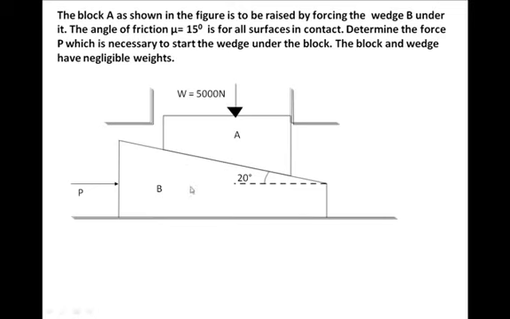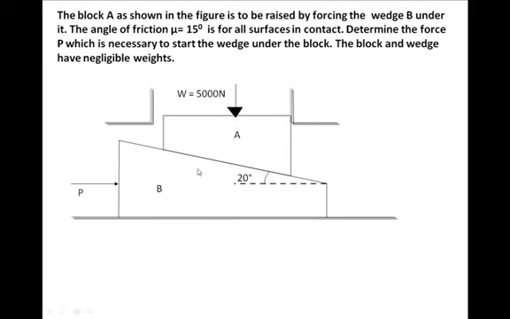Now, a little practical application of this is like this. See, this 5000 Newton weight, let's say, is kept on a block A and it is to be raised up. For raising it, it is usually easy to hammer something below it. A practical application is a heavy machine, and these are wooden wedges, very lightweight.